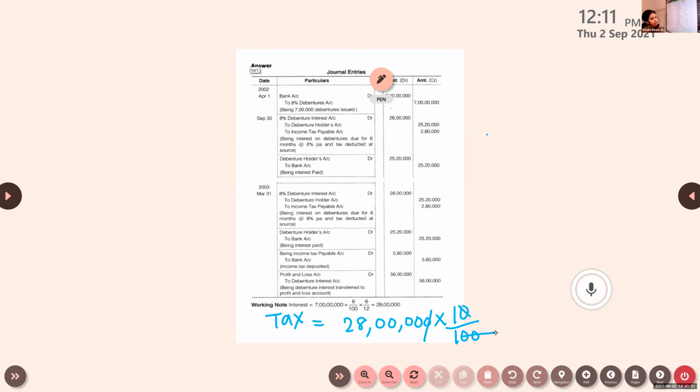This discount on issue of debentures or the loss on issue of debentures, both of these have to be written off. Okay? Actually, they are considered as fictitious assets. Now, what do you understand by fictitious assets?